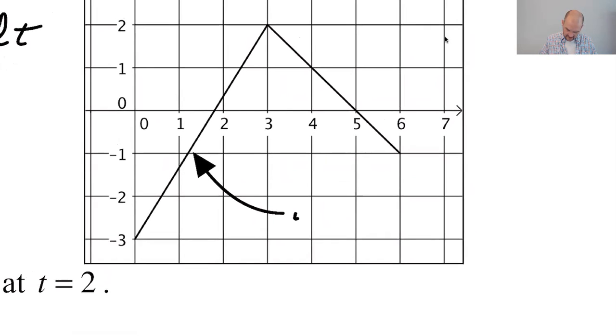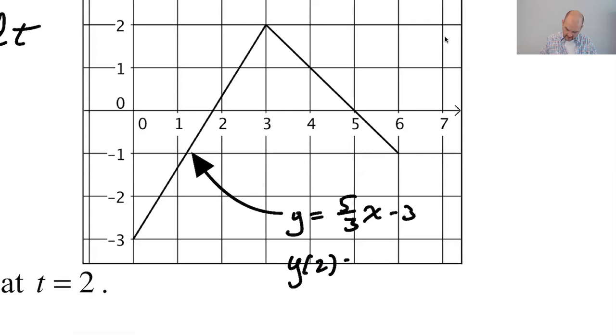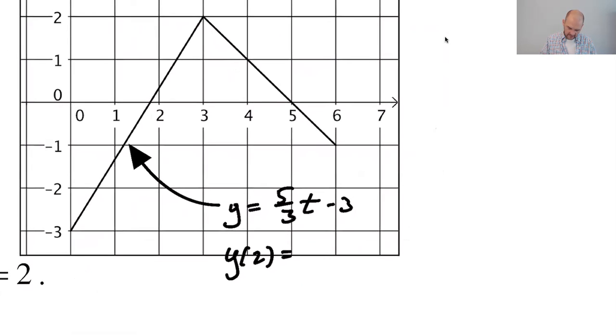This equation right here is y equals 5/3 x minus 3. So if I plug in 2, y of 2, I guess this is technically y of t, right? So y of 2 is going to be 10/3 minus 9/3, which is 1/3.